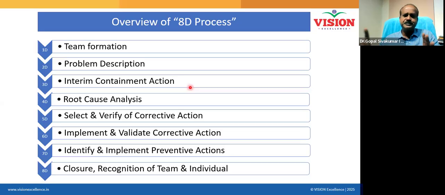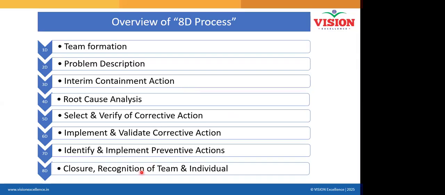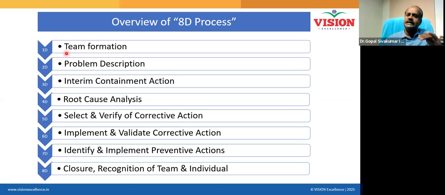Team formation, then problem description, then interim containment action, root cause analysis, then selection and verification of corrective action, then implementing and validating the corrective action, then identifying and implementing preventive action, and finally celebration, closure, and recognition of team and individual. Yes. These are the 8 steps in the 8D methodology.